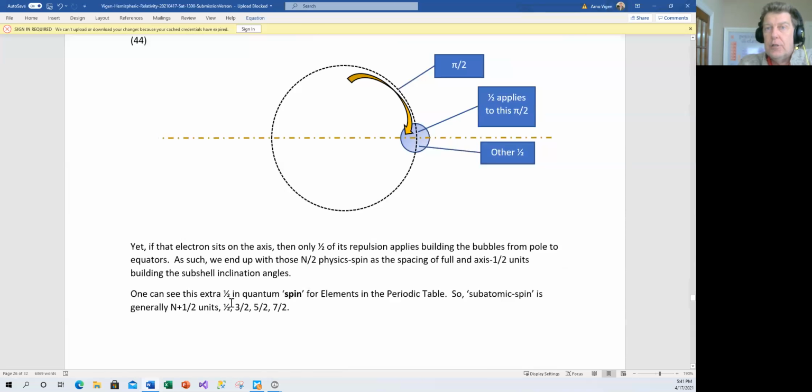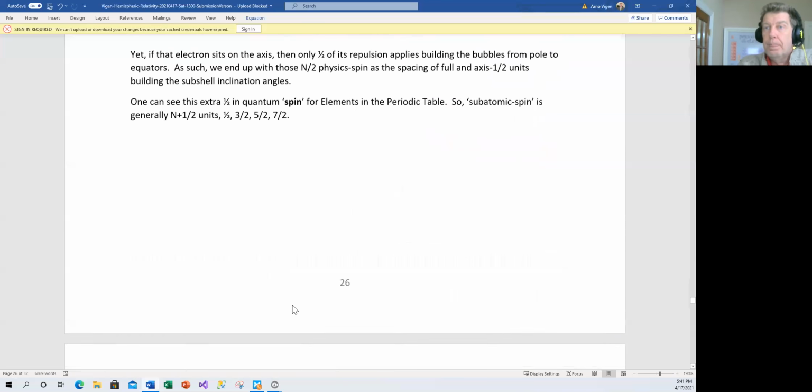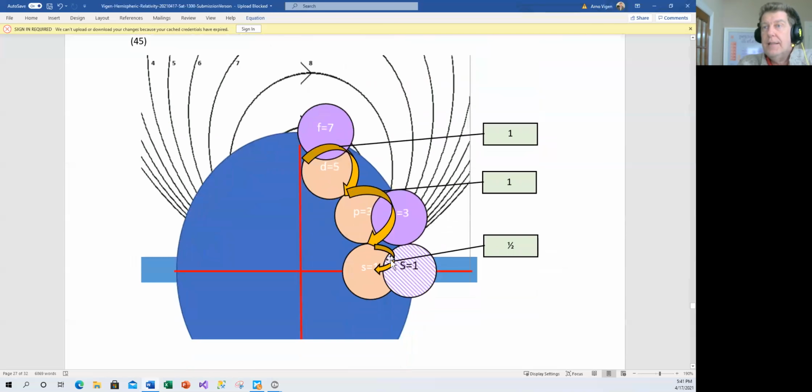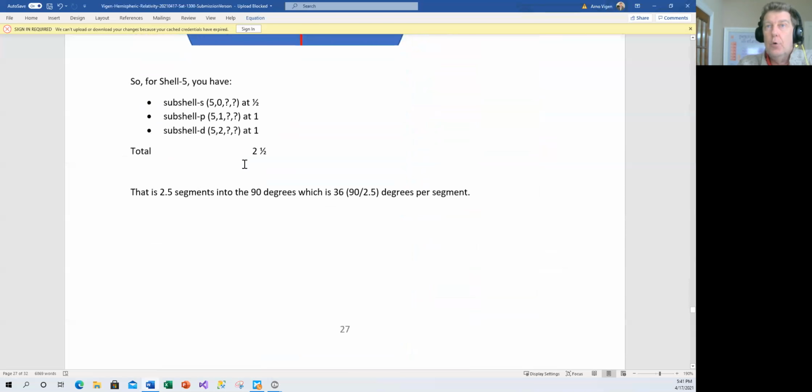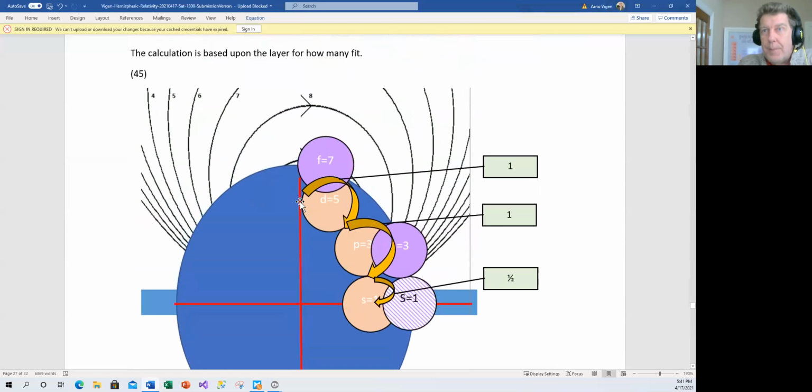And you'll see these spin units of 1/2, 3 halves, 5 halves, 7 halves, but without a physical model. So you can see that if you're building a 1, 3, 5, you only get 1/2 on this one, a 1 and a 1. And that means that you get a total spin factor, physics spin, of 2.5 for the 90 degrees. Now, that 90 degrees gets a little overlapped because this one can bounce a little bit over because they're interlaced again. That would be without the half phase interlacing.